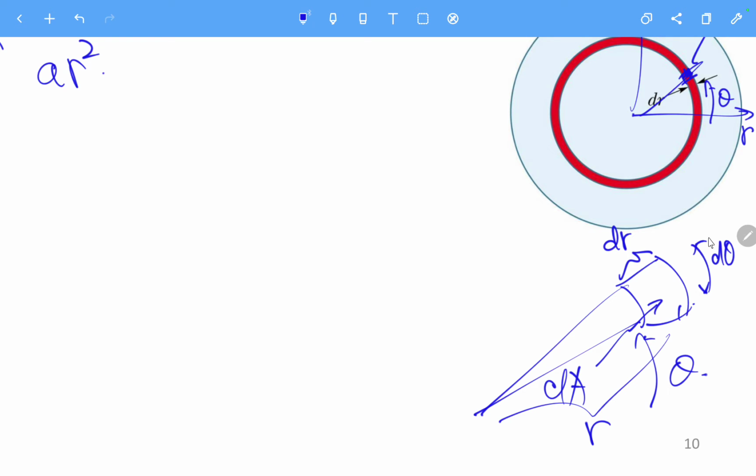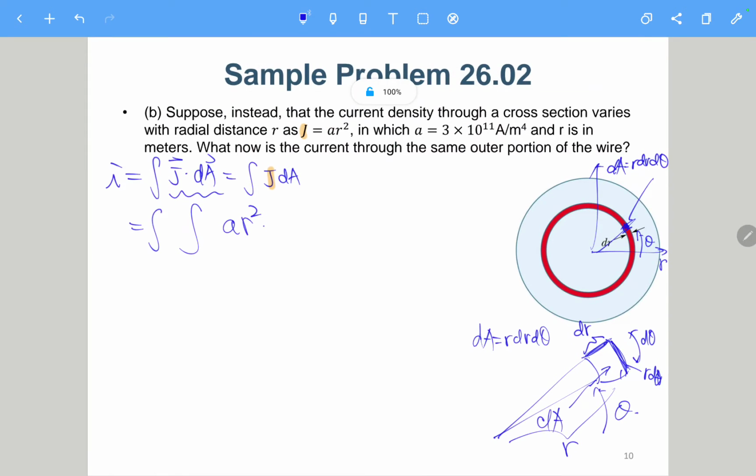The area of this rectangle has one side dr, no problem, and the other side will be r times d theta. In high school mathematics, you should know this is the radius times the angle in radian. So dA will be r times dr d theta.